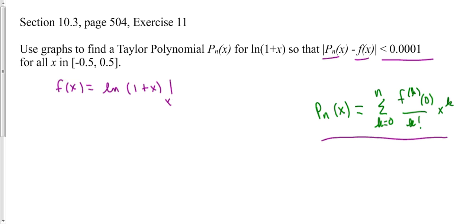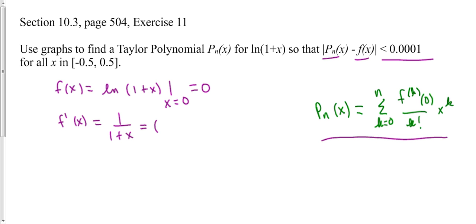And we're going to evaluate that at x equals 0. And that's going to give us 0. And then we're going to take that first derivative, which is going to be equal to 1 over 1 plus x, which is also equal to 1 plus x to the minus 1. And when we evaluate that at x equals 0, we're going to get 1.